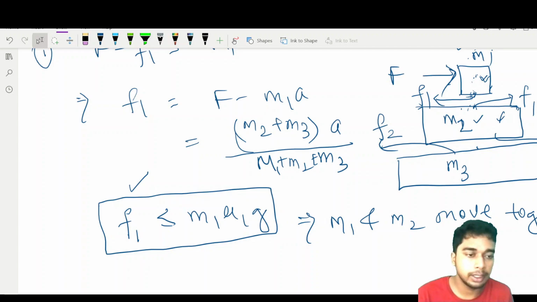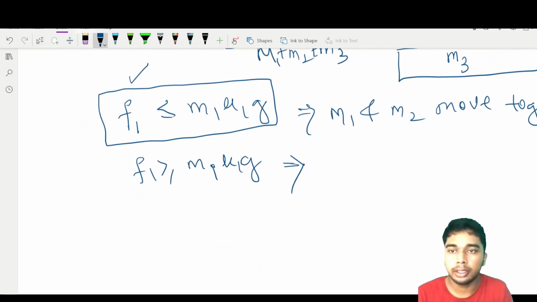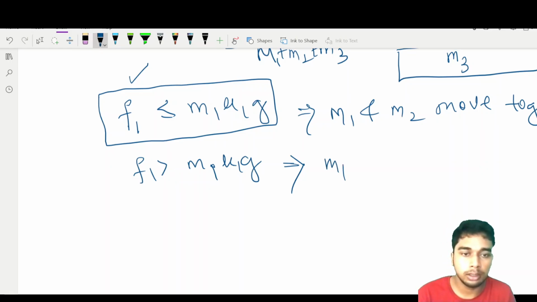Otherwise, this motion is not possible. But if this condition is not satisfied, sorry, this equality sign should be dropped here, then m1 and m2 will not move together.